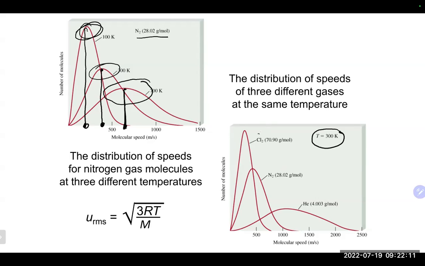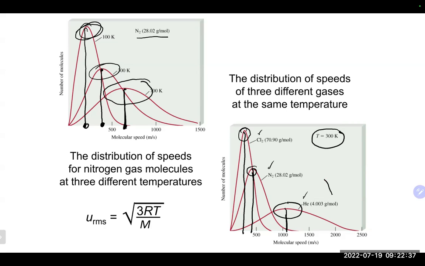When we look at different gases at the same temperature, 300 Kelvin, this is chlorine, nitrogen, and helium. Chlorine basically has this speed, nitrogen is this speed, and helium is over here. Helium is the fastest in terms of speed versus nitrogen and chlorine.